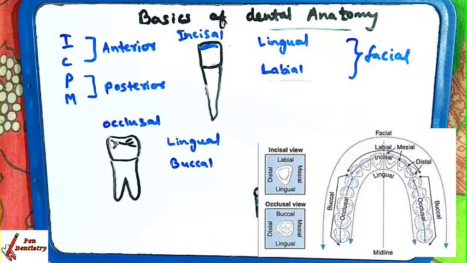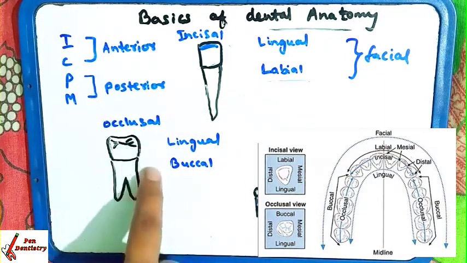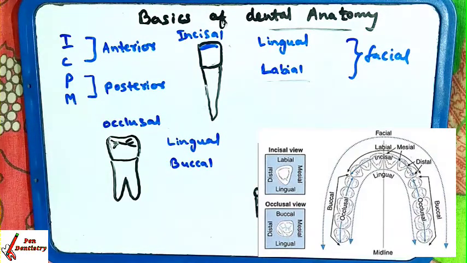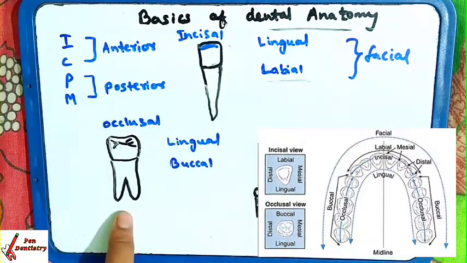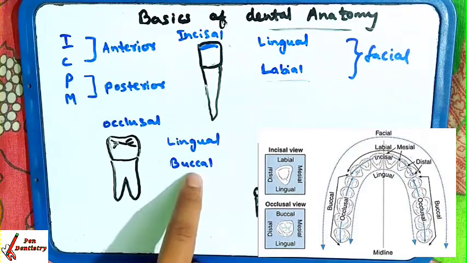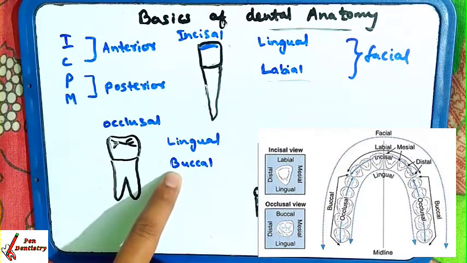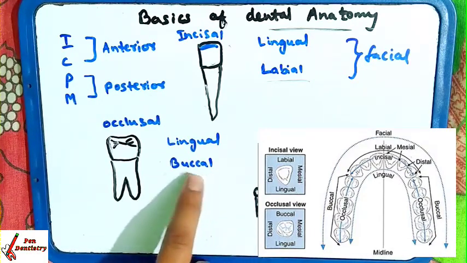In the same manner, the posterior teeth have surfaces like the lingual and the buccal. Here labial is not used, because the posterior teeth have the name buccal.